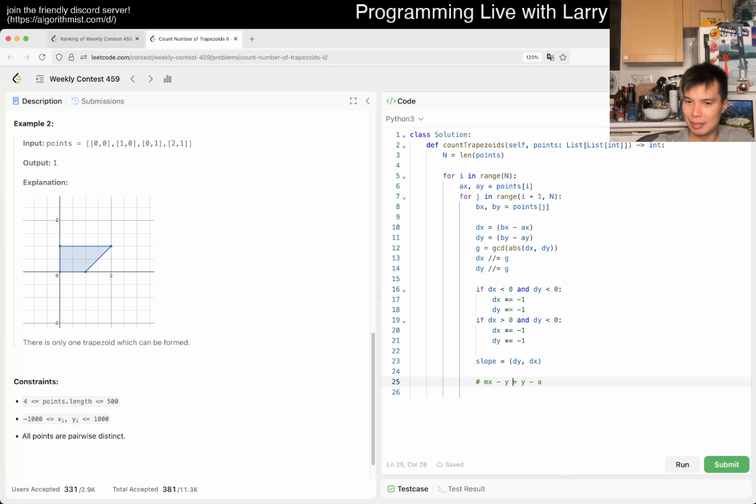What? Am I confusing things? What is the y-intercept? I forget. Honestly, it's been too long. I forget which way it goes.